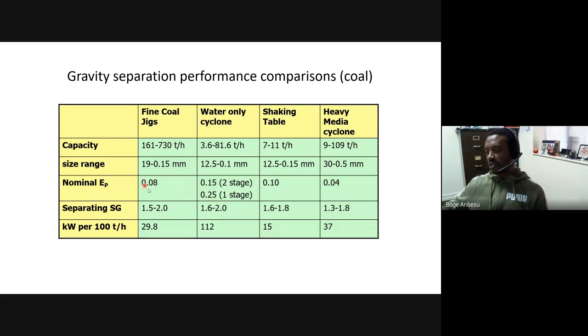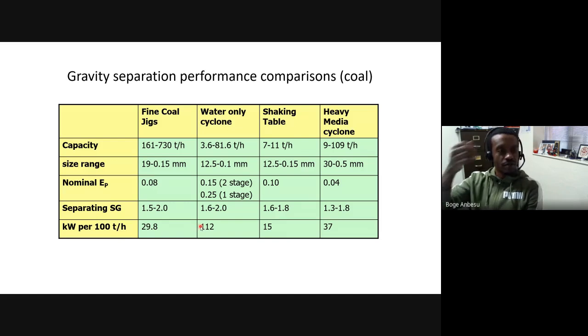And in terms of efficiency, as you can see, heavy media cyclones are more efficient than any of the other gravity-based separators. Okay, and separating specific gravity very close to one another for jigs, but you can have slightly wider options when it comes to dense media cyclones. Okay, and you can talk about power requirements and so on.